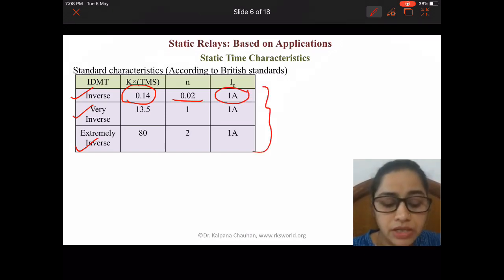Means for the inverse time relay, very inverse relay and extremely inverse relay, the value of IP remains 1 ampere. For the very inverse relay, K into TMS is 13.5 and N is 1. For the extremely inverse relay, the value of K into TMS is 80 and N is selected as 2.